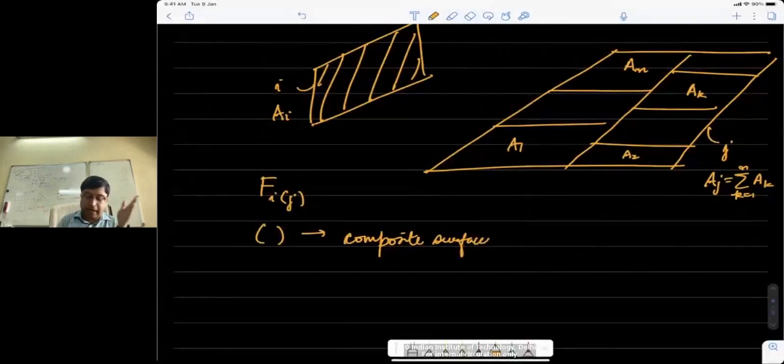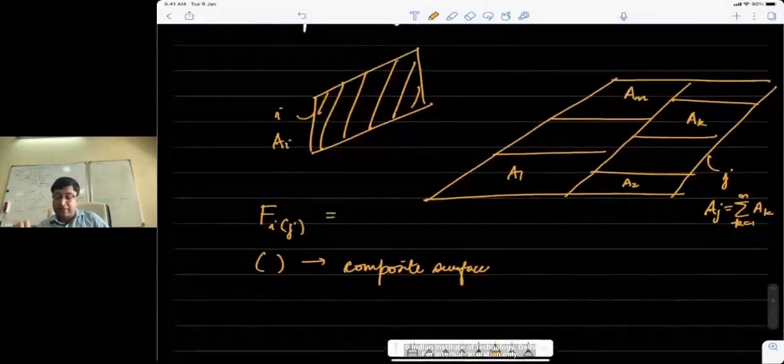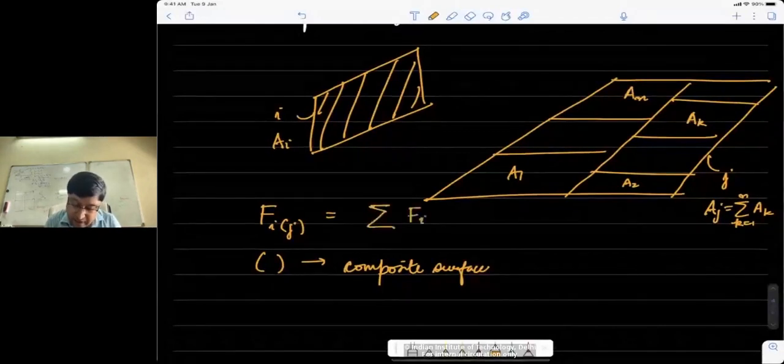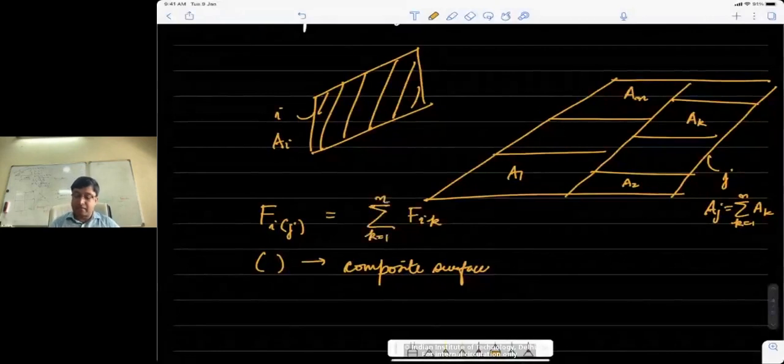This bracket is only meant to indicate that it's a composite surface. So I know that if I'm calculating how much radiation leaves I and reaches surface J, then it is the same as calculating how much radiation leaves surface I and reaches some surface K on this surface J.